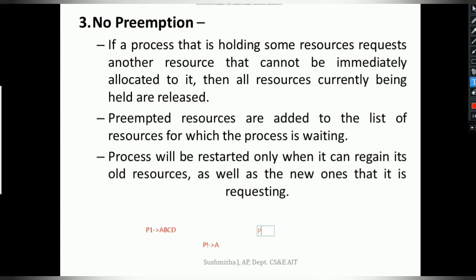So process P1 has no resources now. It has to start from the beginning. It has to again acquire A as well. So by doing this, we will be preempting the resource.